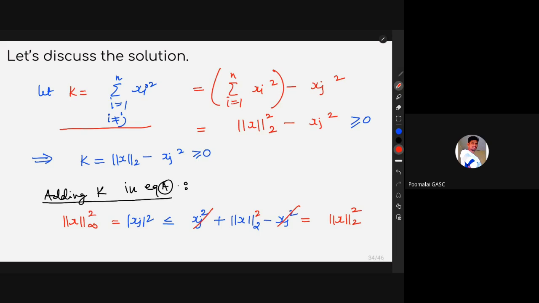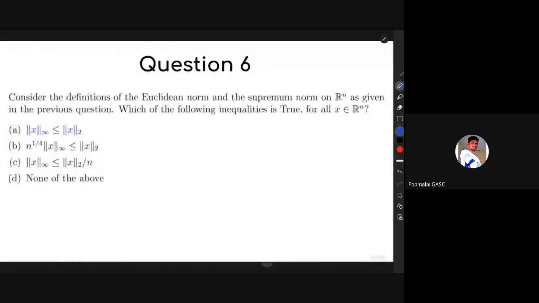If you take the square root on both sides, you will get the supremum norm is smaller than or equal to the Euclidean norm. So this completes the proof of this question. Hence part A is correct.